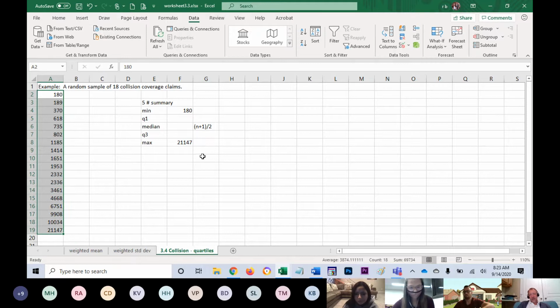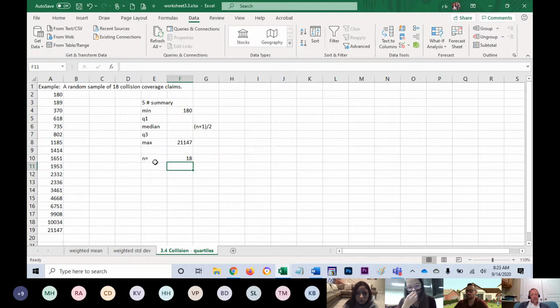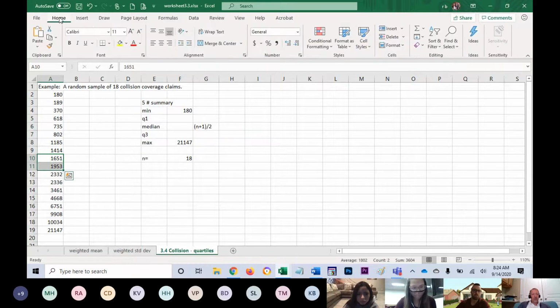My n is 18. So how would you find it on this one? You take 19 divided by 2, which would be 9.5. So we're going to count to 9.5: 1, 2, 3, 4, 5, 6, 7, 8, 9.5. So we're going to use both of those numbers. And then what do we do with those two numbers?